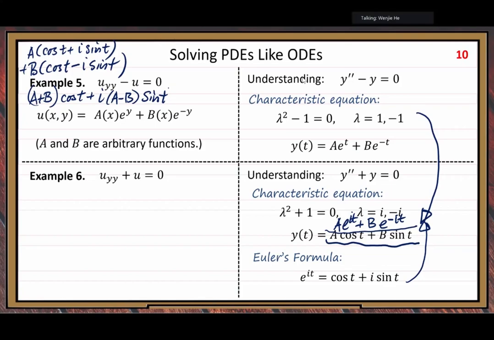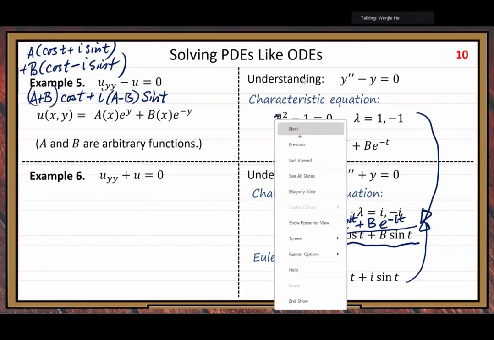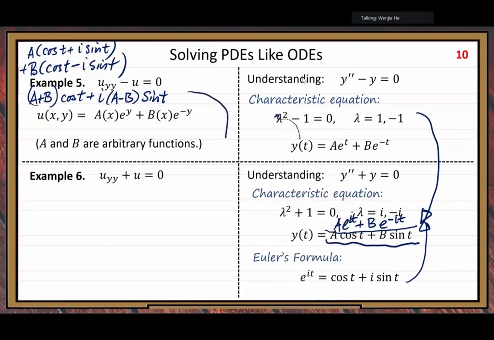When we have this form, you can simplify it to this AB form. Remember, A and B are arbitrary constants, so we have freedom to choose appropriate A and B, and at the end we can simplify, because we want to remove i.